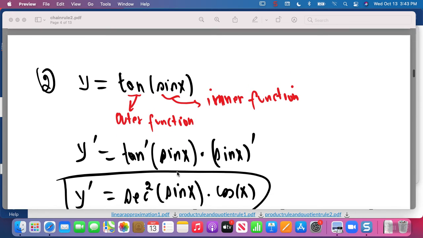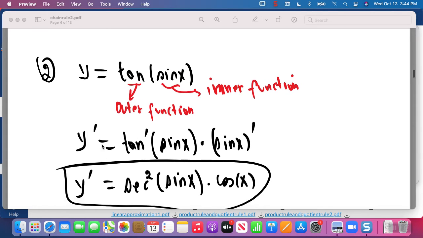Another example is y equals tangent of sine of x. The outer function is the tangent function, and the inner function is sine of x. To find y prime, first take the derivative of the outer function.